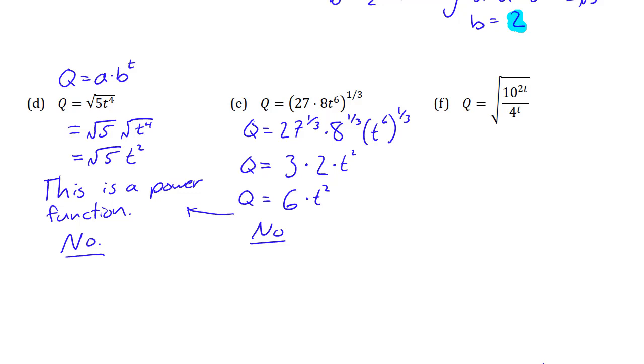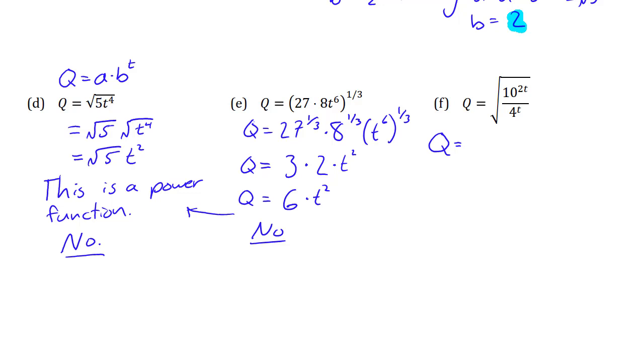Let's try f. F is a kind of a weird one. So, we could take the square roots of the tops and bottoms separately. And well, I'm not sure what the easiest way to do this is.